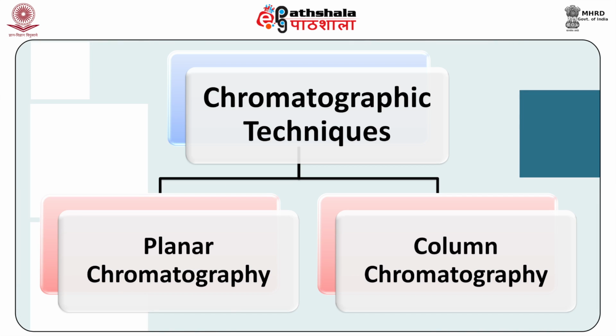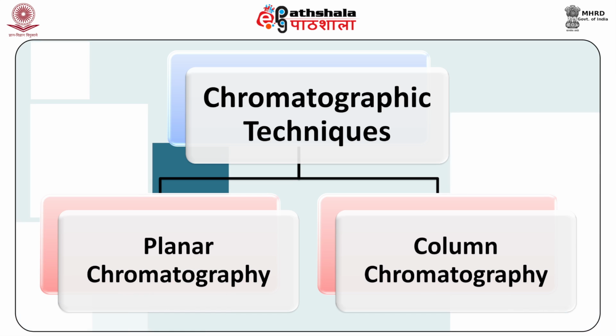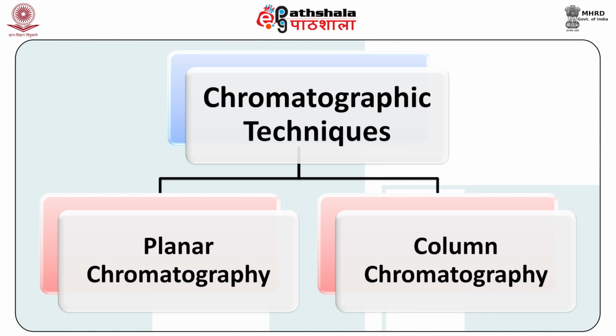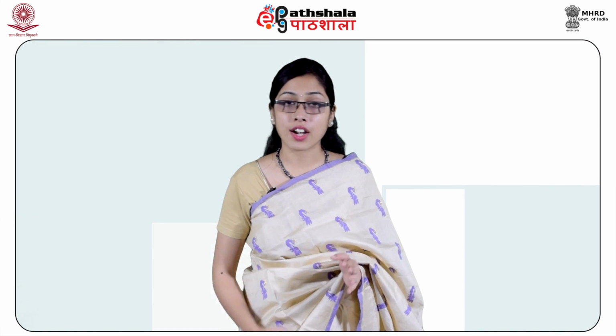Broadly, chromatographic techniques can be divided into planar and column chromatography. As the name suggests, the planar technique incorporates the use of a flat, two-dimensional surface, where only length and breadth are taken as the area on which chromatograms are formed. The surface is coated with the stationary phase.